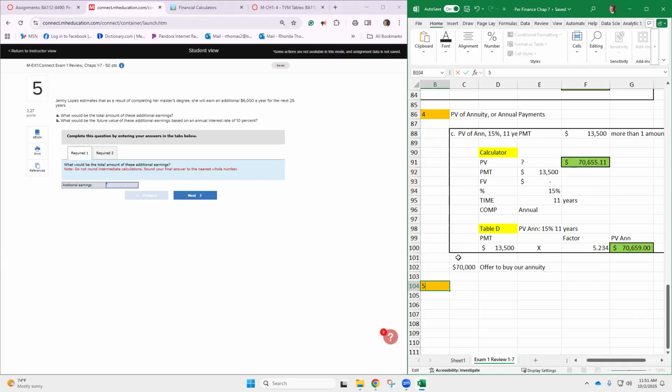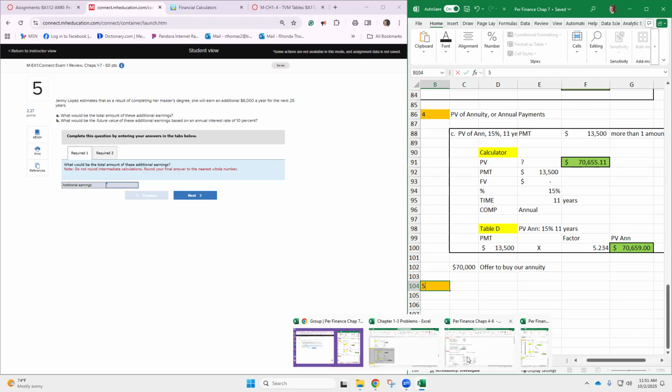So this one says that she would earn maybe an additional $6,000 a year for the next 25 years. So we would want to see how much that is in what I call real money, which is just 6,000 times 25. And then we're going to see how much it builds to in the future. And this is happening every year, so it becomes the future value of an annuity.